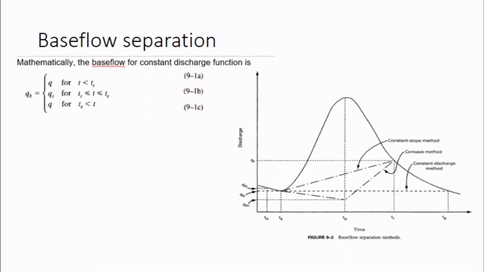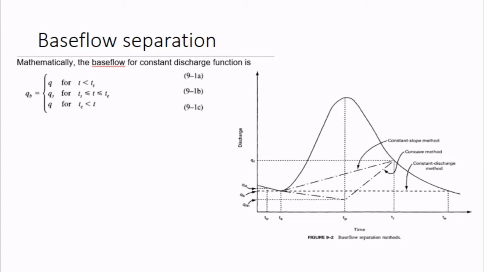Okay, so ito yung mga equations na gagamitin. For constant discharge, there are 3 equations from time t hanggang sa t sub s. Start tayo dito sa t sub o hanggang dito. So, constant discharge. Ang gagamitin mong Q ay yung Q o yung discharge dun sa graph.